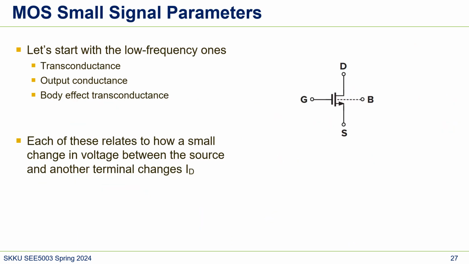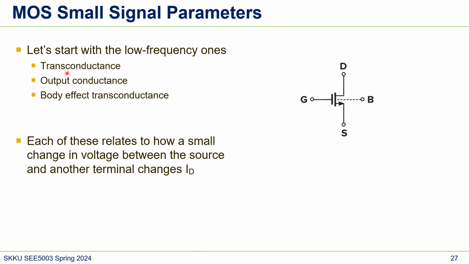Let's talk about the small signal model for the MOSFET. We learned how to model a circuit as a small signal model. First is to find a quiescent operating point, which is a DC bias point, and the second is to substitute the nonlinear component with a linear component. So what about the MOSFET?